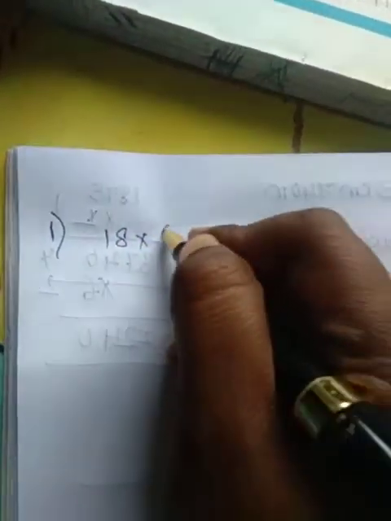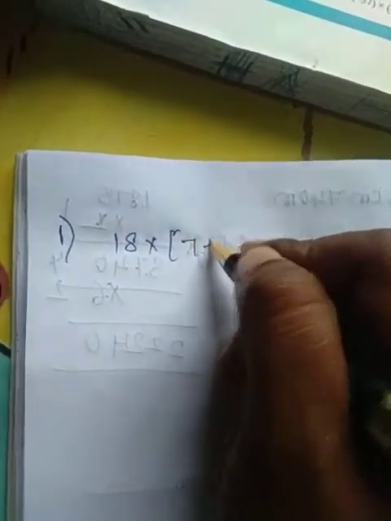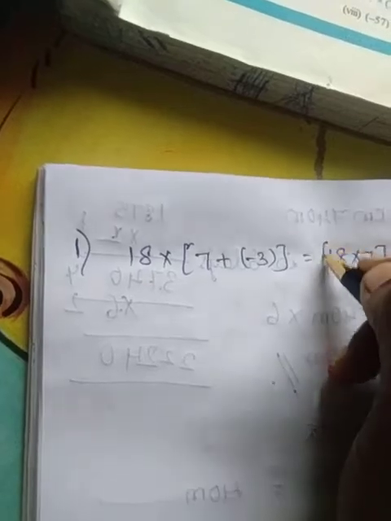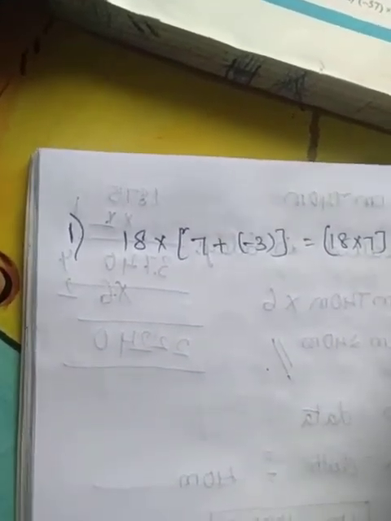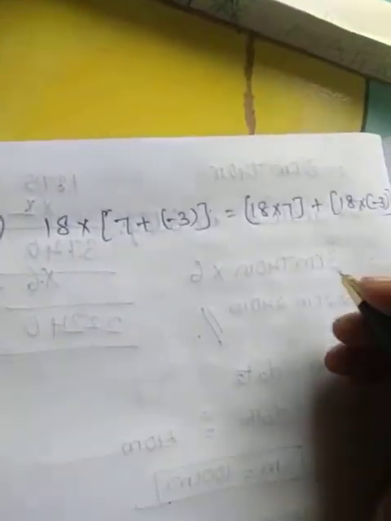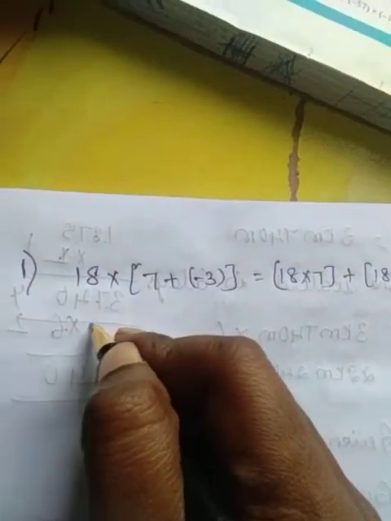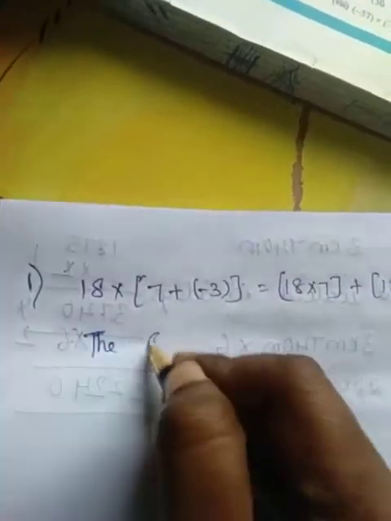What is the first question? 18 into 7 plus of minus 3 equals 18 into 7 plus 18 into minus 3. I said already, first observe which identity it is.